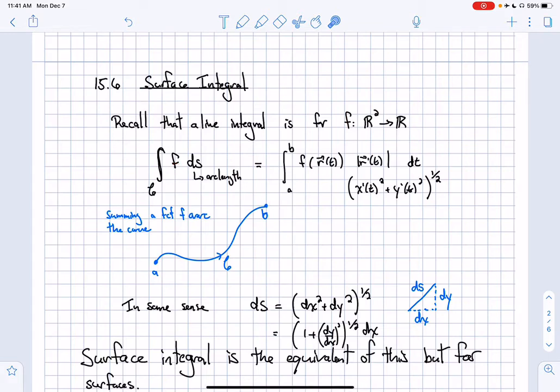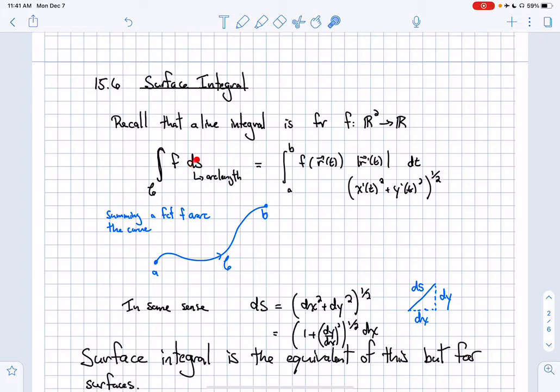So the simplest case we took was when f, this function, was 1, we were actually summing all the small segments and getting the length. When we were computing the line integral for a vector field, what we were summing is either the component in the direction of the curve or normal to it, okay? But at the end of the day, we were always summing a function along that curve.